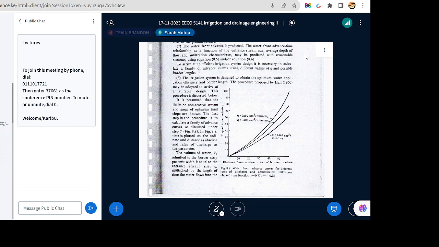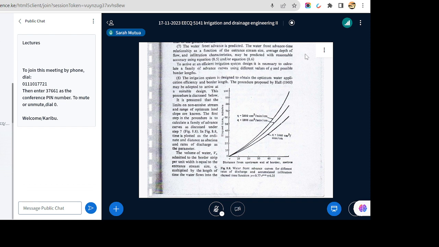How do you do this? First of all, what you do is calculate the waterfront advance. You make a family of curves given different streams. You do that experimentally, or you already have some literature curves somewhere.